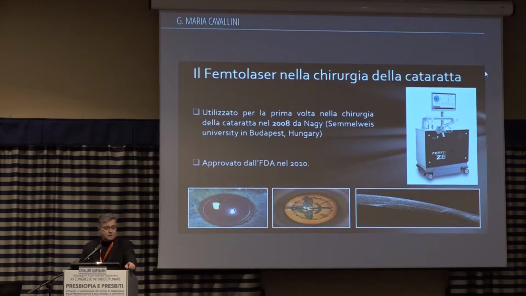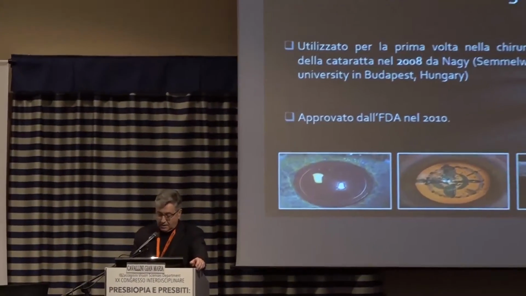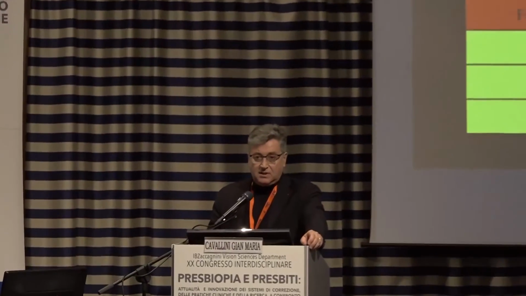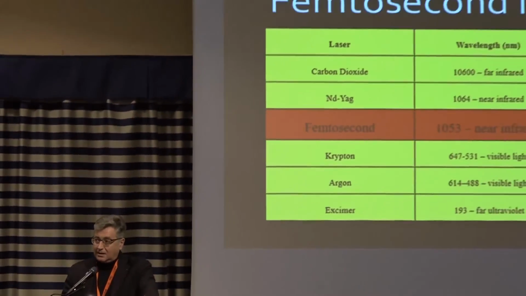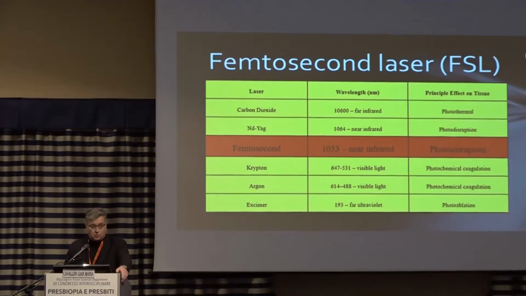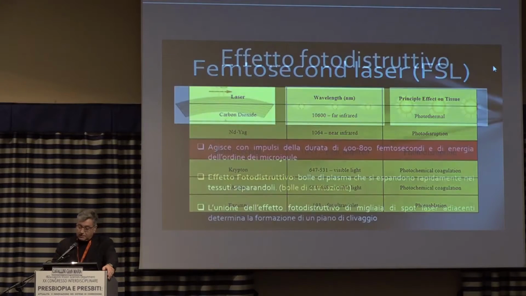In humans, Nagy in Budapest used femto laser in cataract surgery. The wavelength is very close to the infrared wavelength, and the effect on tissues is photodisruption. Here is a list of all the lasers we use in clinical practice: YAG laser, argon laser, or excimer laser.